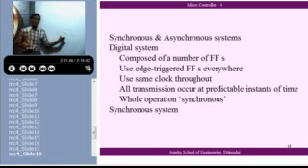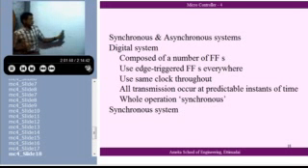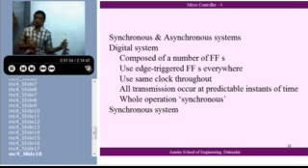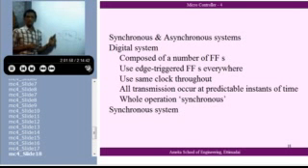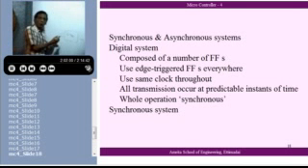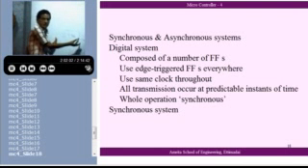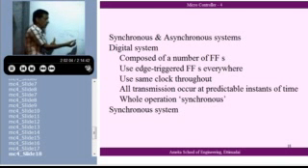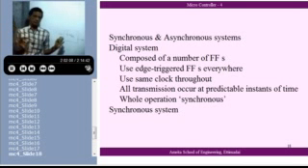The delay can be anything from 0 to 0.9 microseconds. I know that the maximum delay is 0.9 microseconds. So at the 0th microsecond, if the inputs come, the output would have come by 0.9 microsecond. Before the next clock pulse comes, the new values have come into the picture.